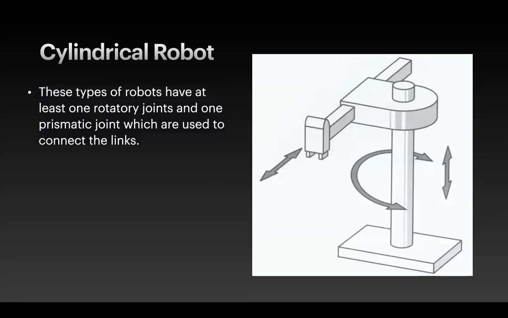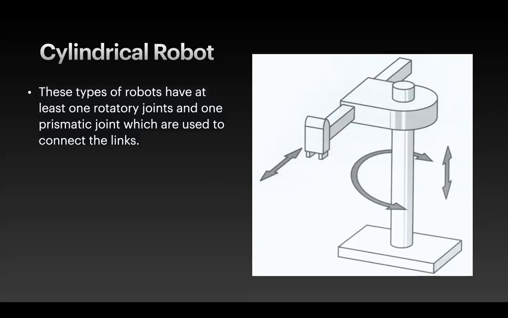And then we have a cylindrical robot. As you can see in the slide, these types of robots have at least one rotary joint and one prismatic joint, which are used to connect the links. So what is a prismatic joint? A prismatic joint is something which goes inwards or outwards.